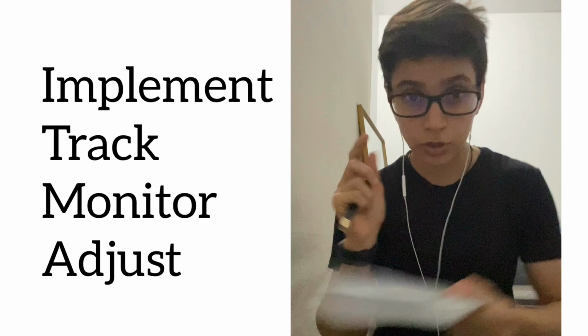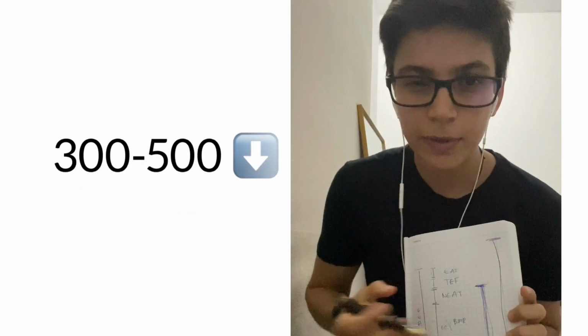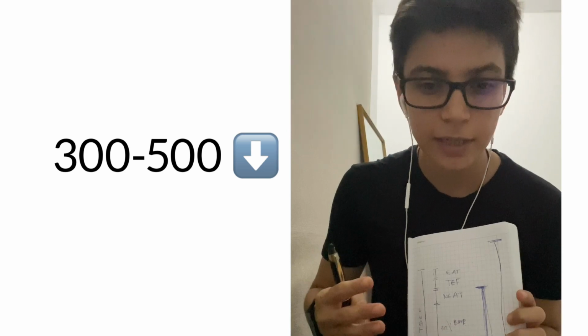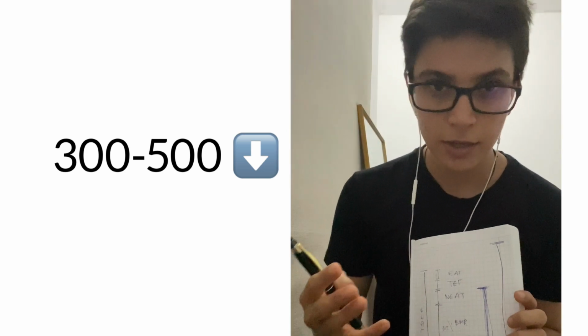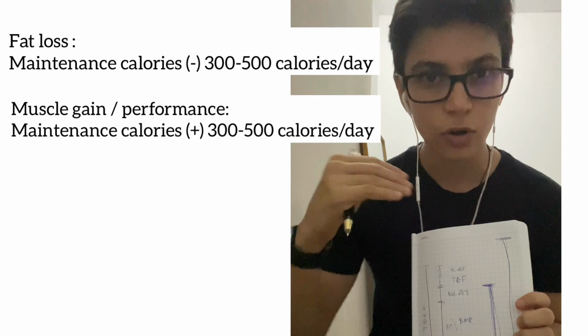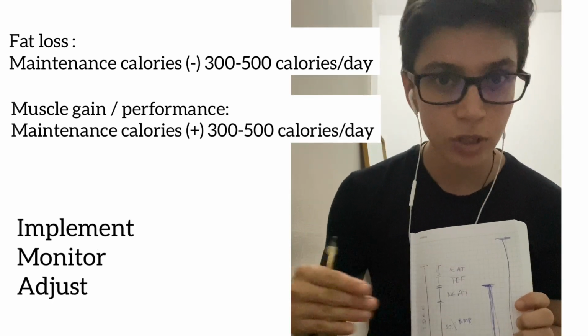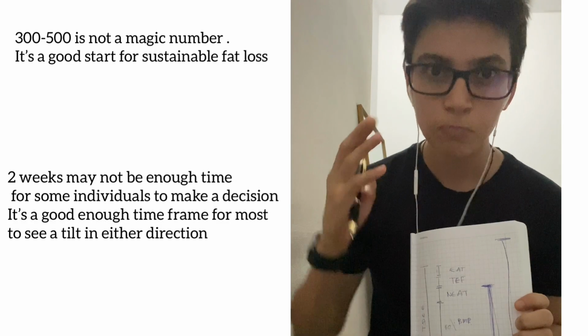Get yourself a number. Being in a deficit of roughly between 300 to 500 calories is a good amount to start. So say you got yourself a number, your maintenance, you get below that by a 300 calorie deficit or 500 calorie deficit. See what happens within 2 weeks. If you are losing body fat, you are in a deficit, good.